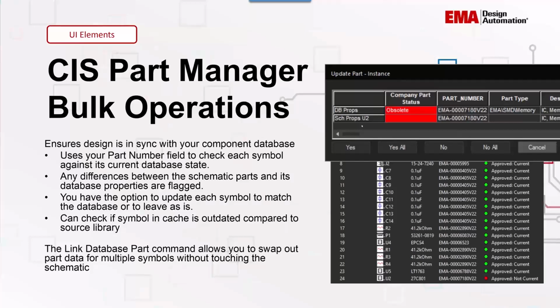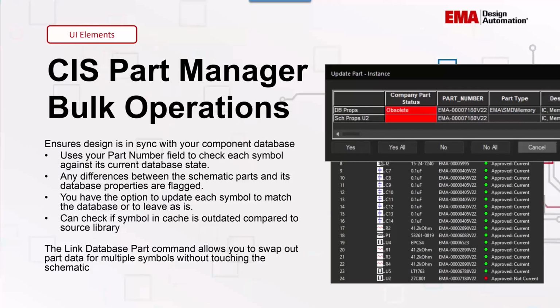On the right here, you can see this U2 part on my schematic has now been flagged by my database as obsolete. It uses a part number to synchronize that schematic symbol from my open design to the central database. So that really gives you one area where your whole team can look to and can have confidence in the part data, which will give them confidence in the board that you're pushing out, right?